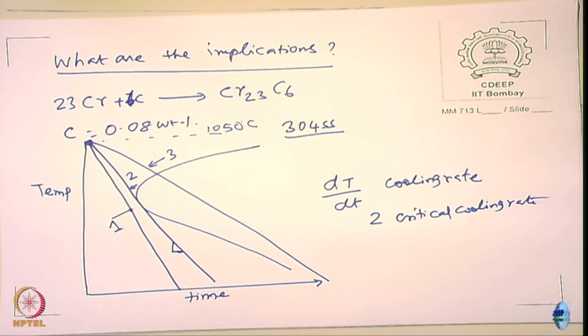You do not allow the carbon to diffuse, it is frozen. And so, at room temperature, you may have even 0.15 weight% carbon or 0.08 weight% carbon, all of it in the solid state, frozen, with no precipitates.